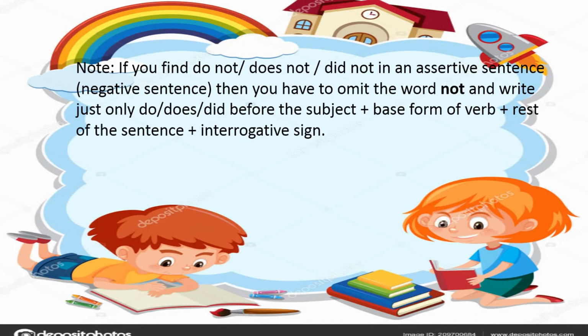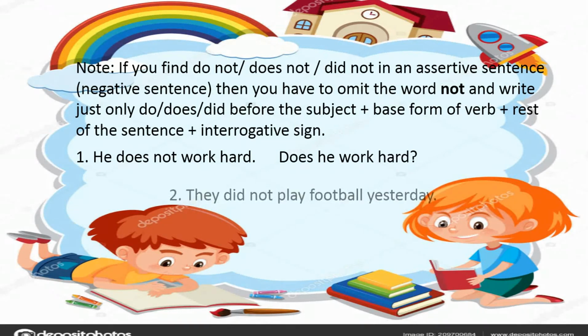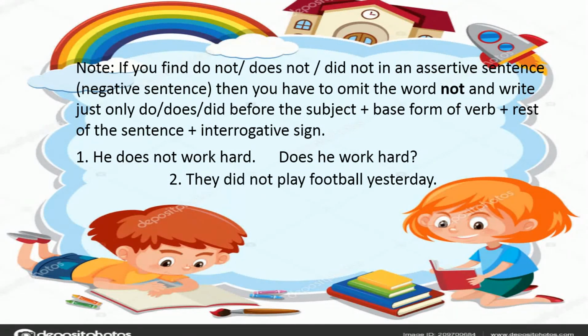Exactly the similar way, as I have mentioned before: if the sentence is affirmative, then you have to make the negative interrogative, and if the sentence is negative, then you have to make the affirmative interrogative. He does not work hard, so you have to use just does before the subject. So, does he work hard? Number 2: they did not play football yesterday. Here you just have to use did before the subject. So, did they play football yesterday?